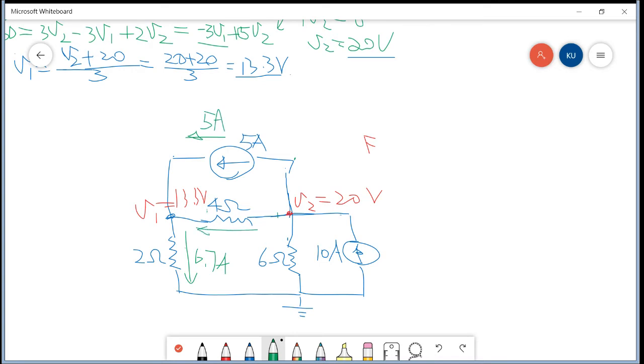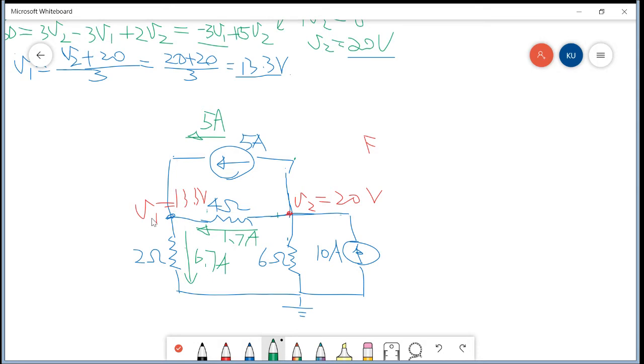And for this one, it should be 20 minus 13.3, which is 6.7 over 4, which is about 1.7. So in this case, 5A going in this node, 1.7A going in this node, and 6.7A going out from this node.